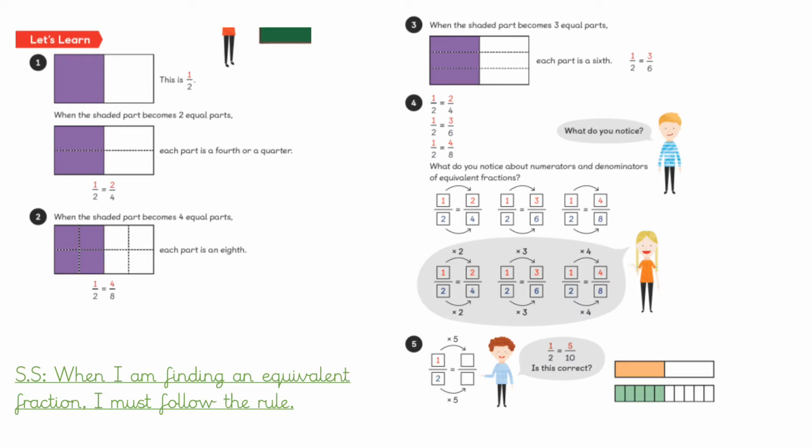Let's have a look at number 3. So, we've still got the half, but this time it's split equally into 6 equal parts. But the half now represents 3 equal parts. So our half is also equivalent to, equal to, or the same as 3/6.